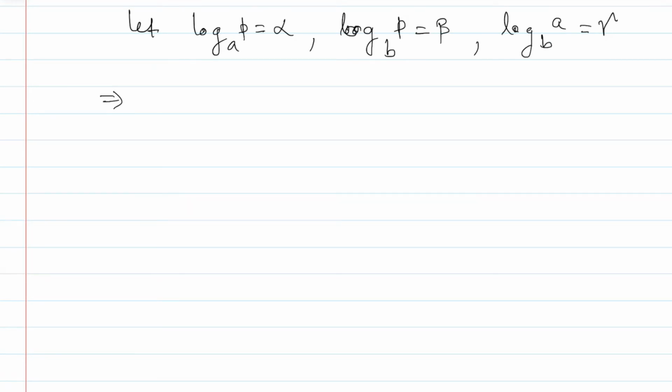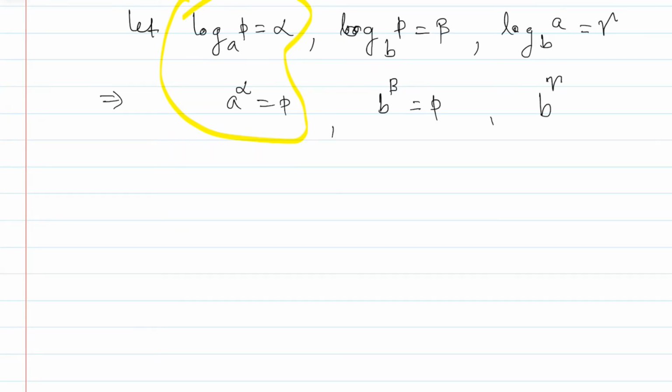These imply a to the power alpha is equal to p. This is nothing but the definition of the log function. Similarly, b to the power beta is again equal to p. And the last one, b raised to the power gamma is equal to a.